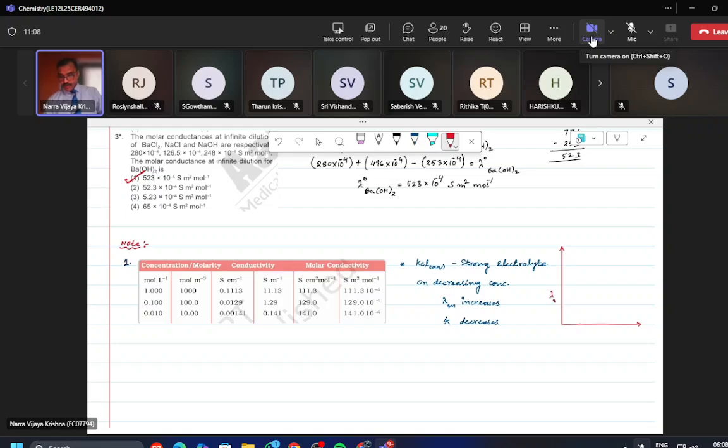Rectangle hyperbola. We have seen that graph as lambda m versus root c, strong electrolyte. As concentration is decreasing, lambda m is increasing. So how will the graph be?